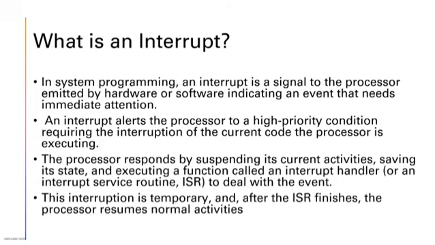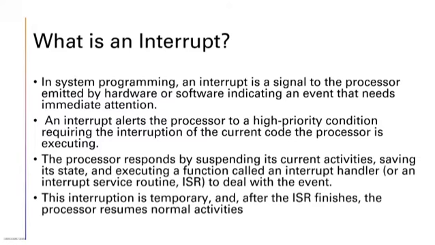So there is actually an interruption happening to the processor's routine. Whatever the processor was doing, it has to stop in order to serve the hardware or software which is demanding attention. This is why the signal is called an interrupt signal, because it is actually interrupting the normal operation of a processor.